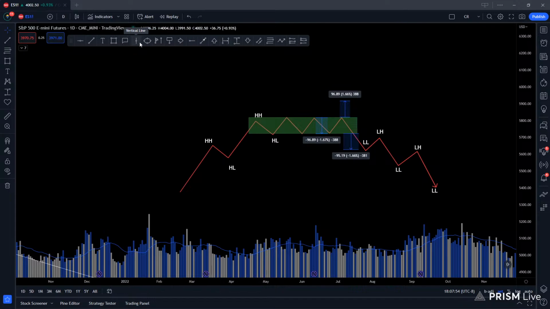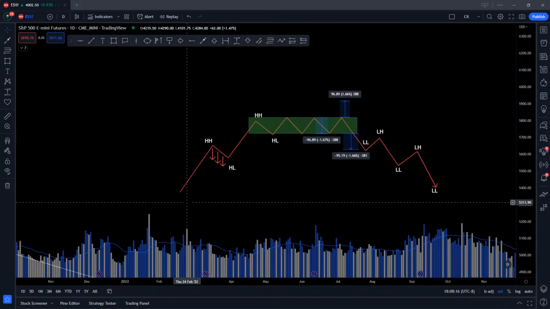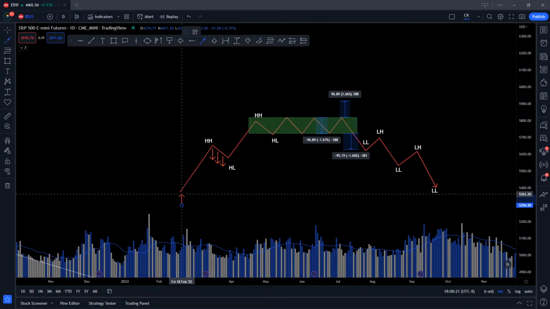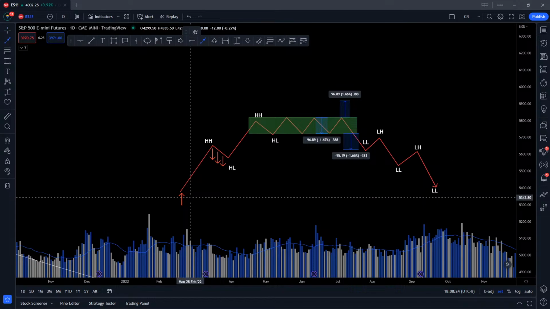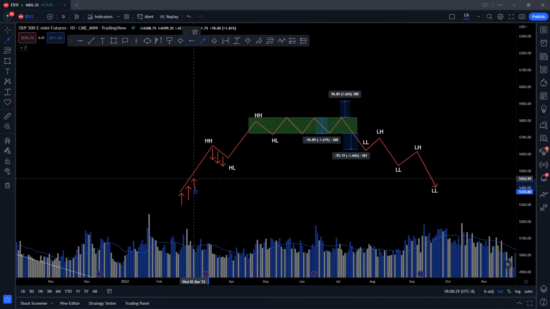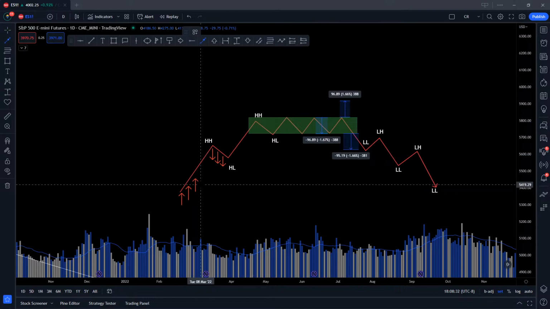if we can imagine some candlesticks, I'm trying to think of what's the best way to draw this. I'll just use this arrow tool. So let's just pretend these are candlesticks. So if we have a bunch of candlesticks going up here, this is actually working out pretty well.